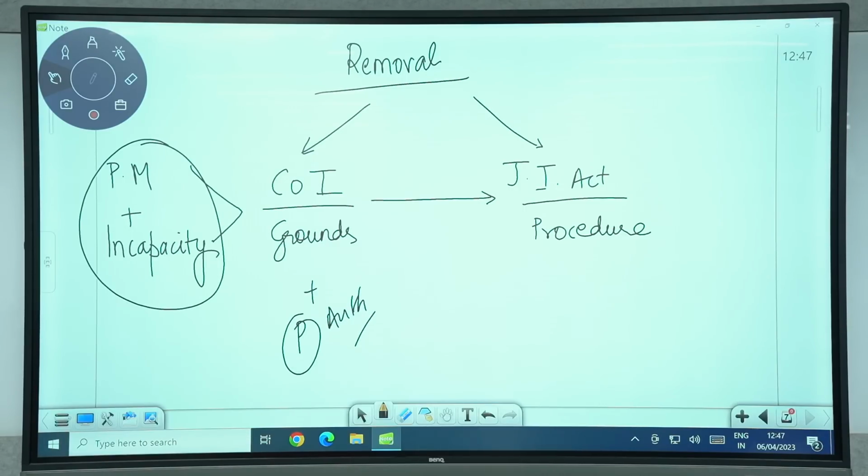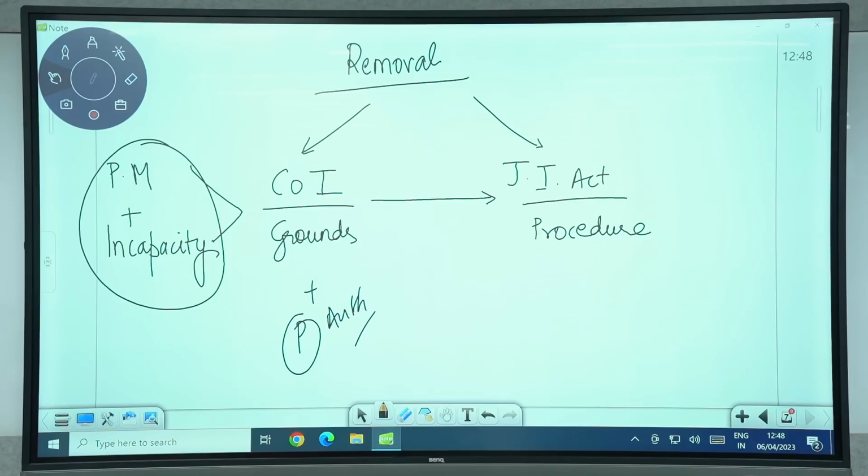Removal proceedings of the Supreme Court or the High Court judges can be introduced in either house. And once introduced in either house, it definitely has to be complied with by the second house. It is not that if the motion has been introduced in the Lok Sabha, a motion will first be needed in the Rajya Sabha too. No. Once either house has taken up the removal process, the second house will have to comply.